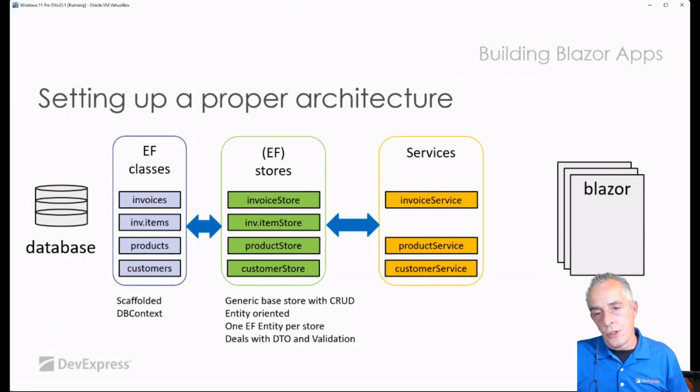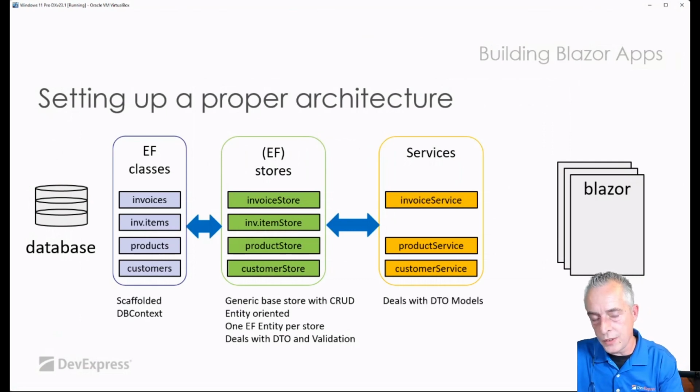And then we have a service, and those services are like maybe using two stores. For instance, the invoice service will have something with an invoice store, but also with an invoice item store, and it can do certain functionality. And those services will be injected into our Blazor application, or at least in the UI.